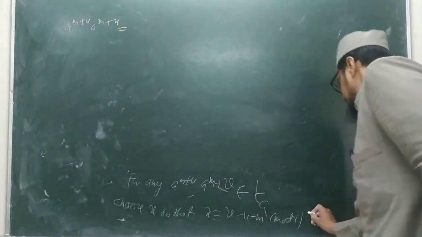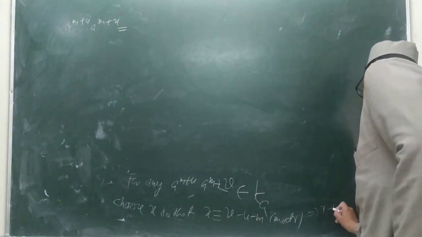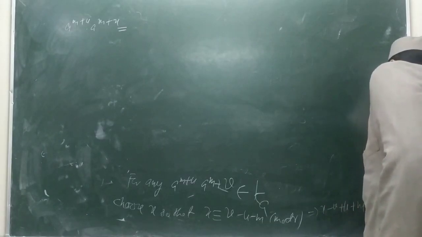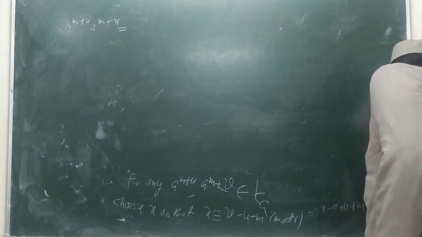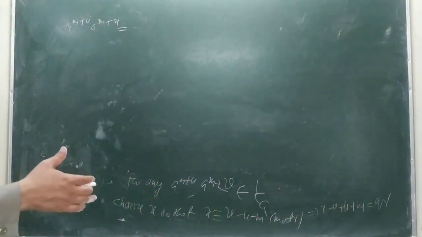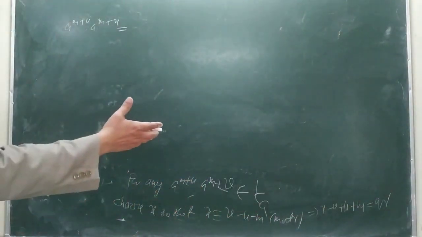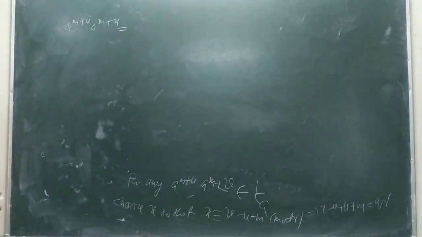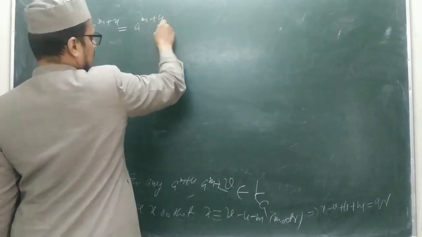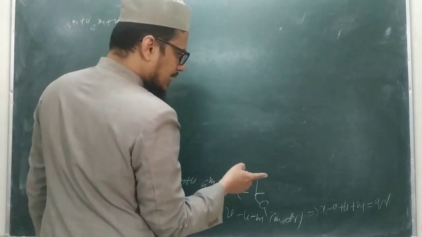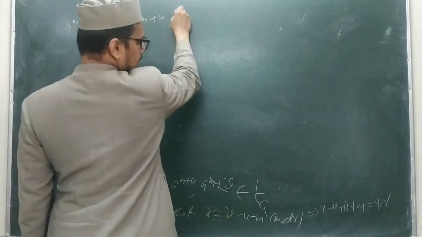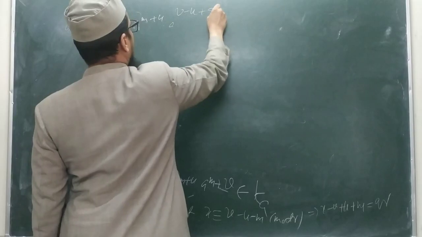It implies that x minus v plus u plus m is equal to qr, a multiple of r. So you can put the value of m plus x, which will be v minus u plus qr.